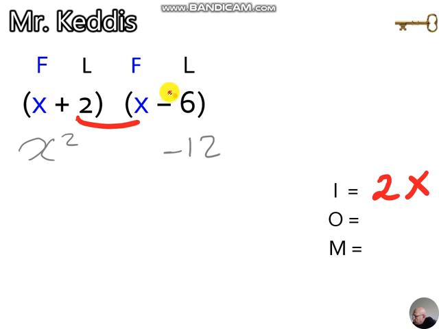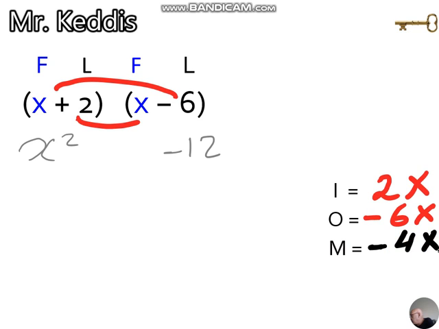The outer term, negative 6 times x, I get negative 6x. I have two different signs here. I take the sign of the higher number because this is addition. Negative. Two different signs, I subtract, I get 4x. It means the middle term here is negative 4x.